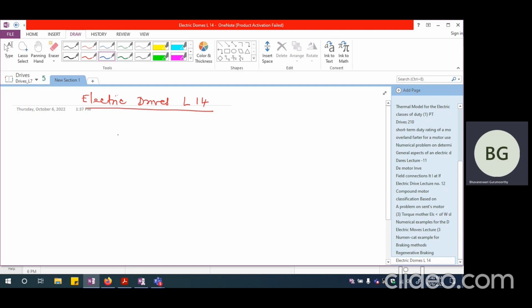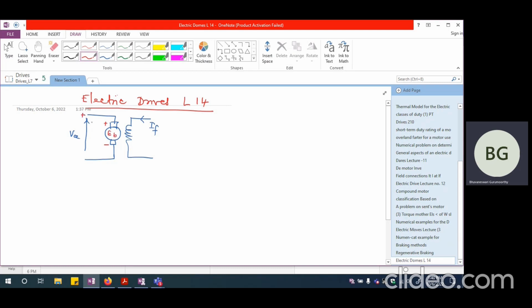So what we said was, if I have a separately excited DC motor drive, which is being supplied by VA on the armature side, and let's say the field is at a constant value, so the excitation is going to be constant. Under this condition, if it is motoring, I'm going to have a back EMF which has positive and negative like this.